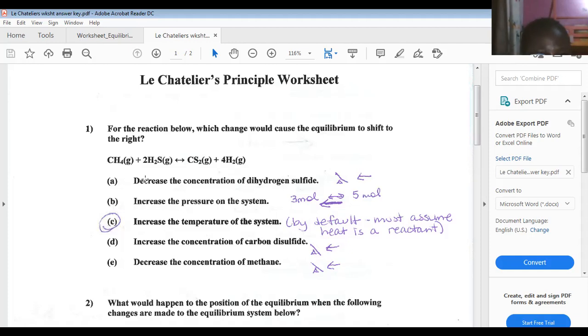Okay. Increase the pressure of the system, where will equilibrium shift to? To the left. Increase the temperature of the system. Where will it shift to?